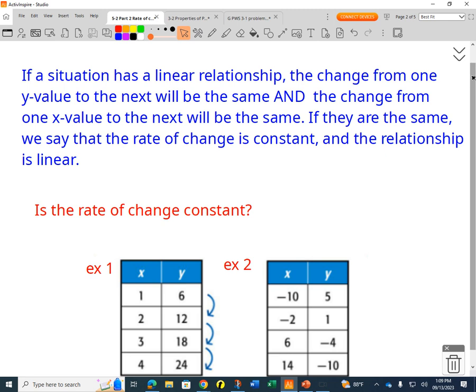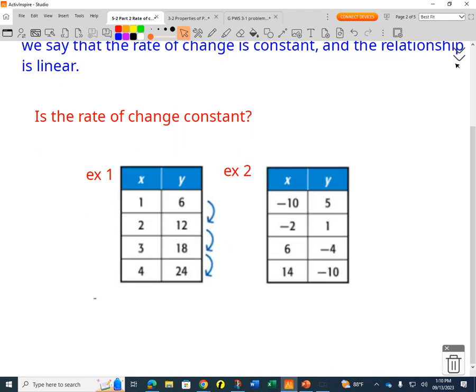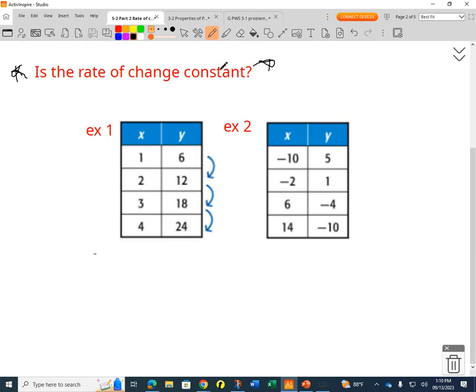Let's think before we write anything. Let's look at what we're talking about. So we've got two different examples here. So go ahead and write this part. So write, is the rate of change constant?